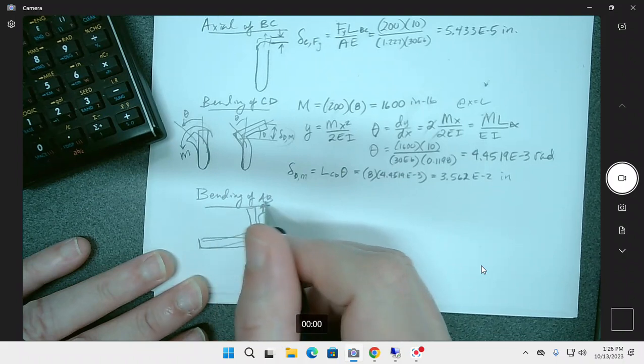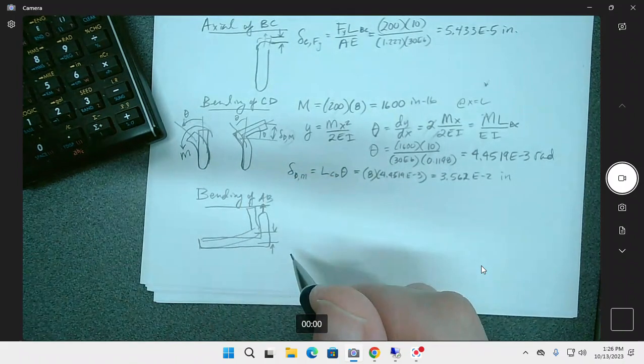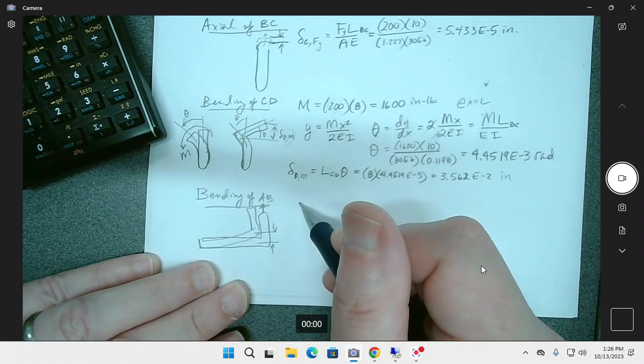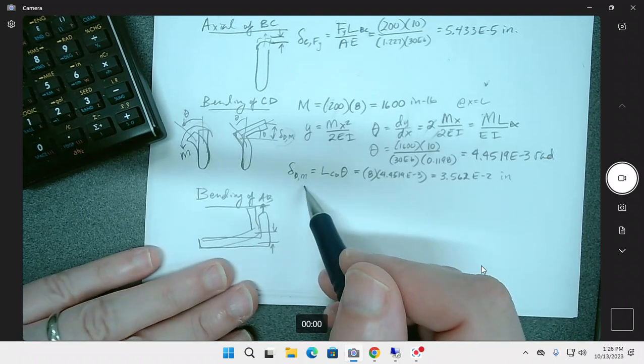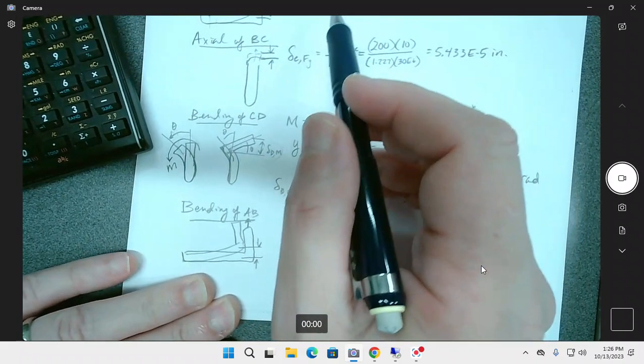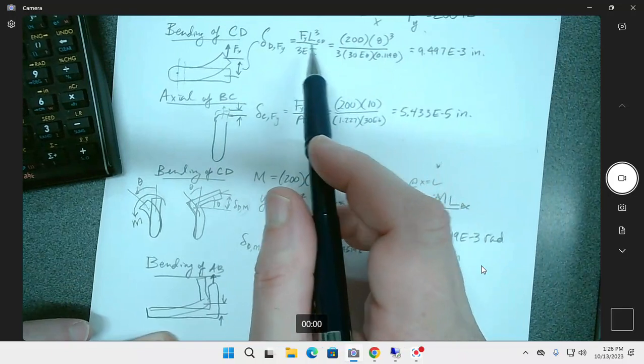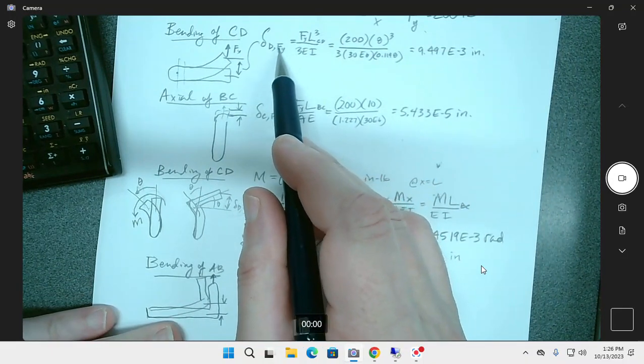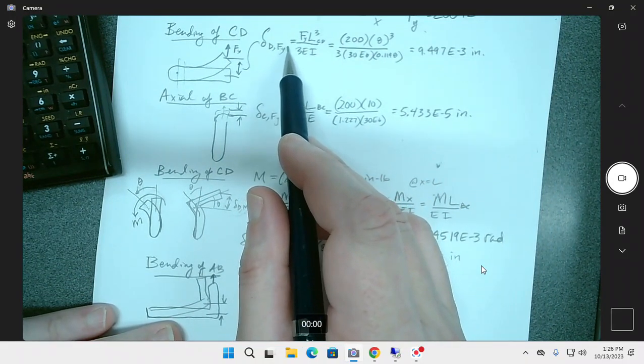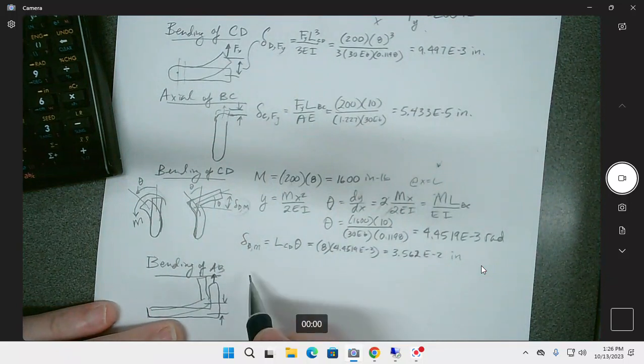All right, so we're going to go up that direction. I put this too close to my title right up in there. So that's going to be the same equation as this one up here. It's the same cantilever type of behavior.